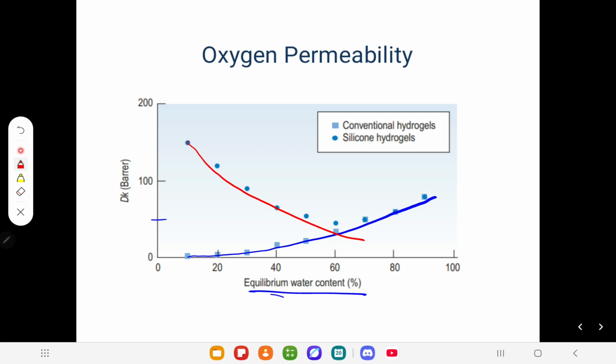Yes, because in silicone hydrogel material, the main component that passes oxygen is not water, it's silicone itself, the actual bond of silicon, oxygen, silicon. So you have to understand this concept, that in hydrogel contact lenses, the more water there is, the more Dk. In silicone hydrogel, not always, but yes, in first generation, second generation, the more water you have in silicone hydrogel, the less the Dk. Okay.